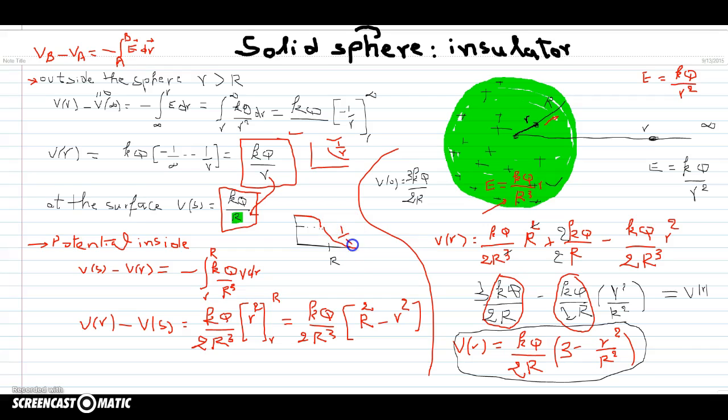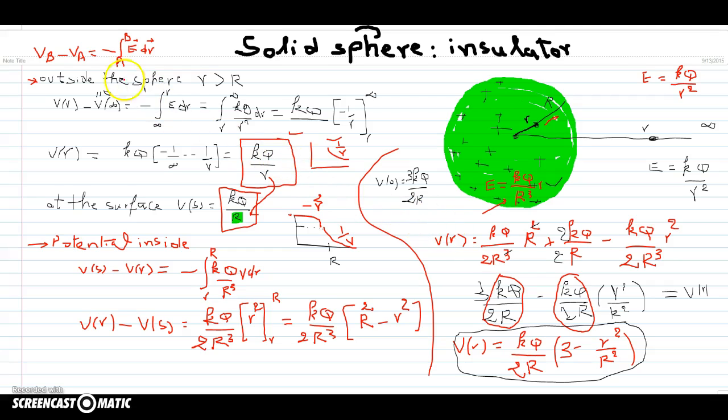This is 1 over r, and this is minus r squared. So it's a little bit complicated potential, but this is how it works. So this is a branch of parabola from the center. This is the center. So at the surface it is constant, then it will vanish as 1 over r.